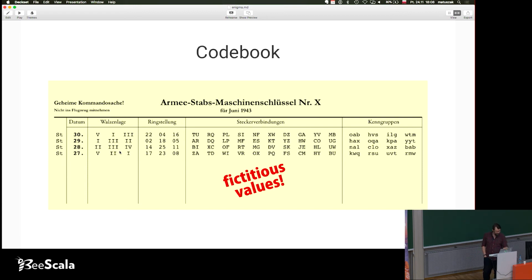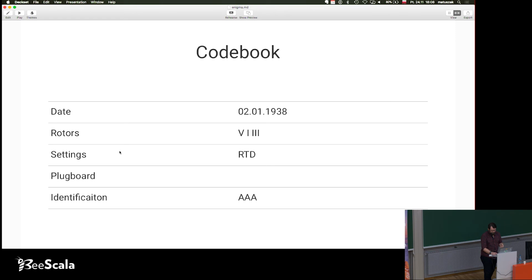The third column is the setting, which in our case would be the letters. We can skip the rest. For each day they had this big sheet of paper, and for each day they were choosing the settings. They set this on the Enigma machine, and with these settings they encrypted the message, and the message was sent. The person who received this message also set the initial settings, typed the message back, and got the decrypted message.